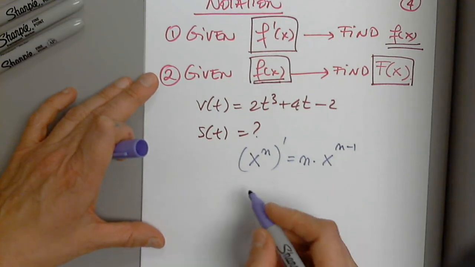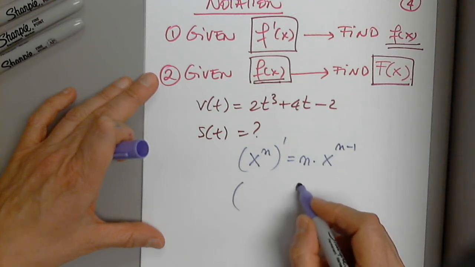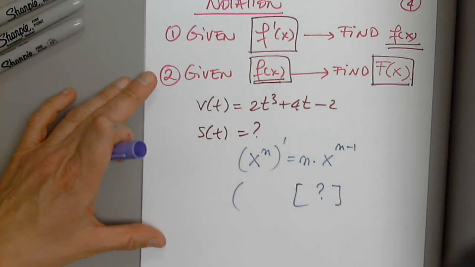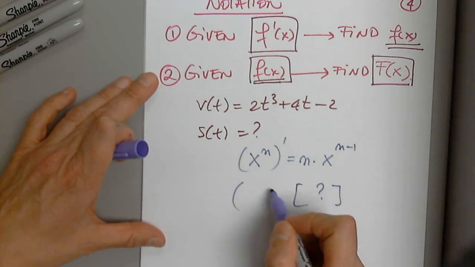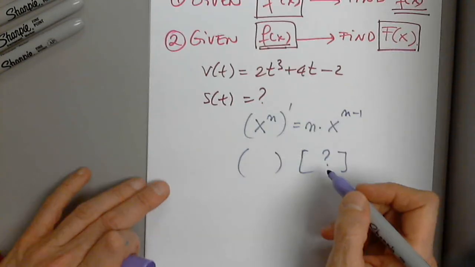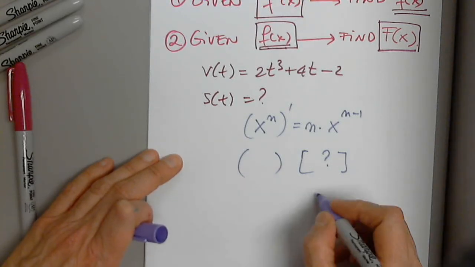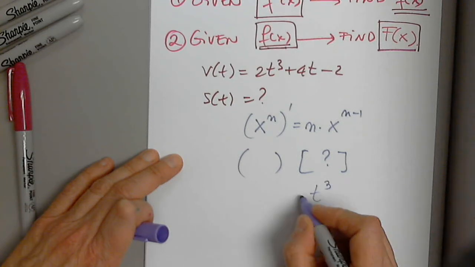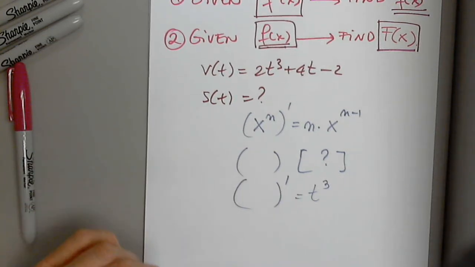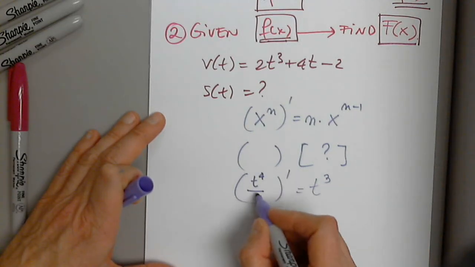But now, I want to determine the function whose derivative is this, so going backwards. How do I show you without using a certain notation? I don't want to use it just yet. So I want to get an answer of t to the third. I want this prime to be t to the third. Isn't it x over m to the m plus 1? Correct. So this will be t to the fourth power over 4.